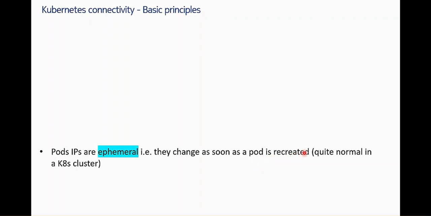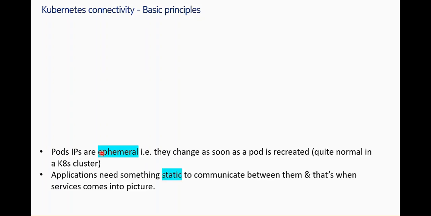So as soon as a pod is deleted or recreated, which is quite a normal activity in a Kubernetes cluster, their IPs are gone. So you cannot rely on pod IP addresses to communicate within your applications. So an application needs something static to communicate between them, and that's when services come into the picture.